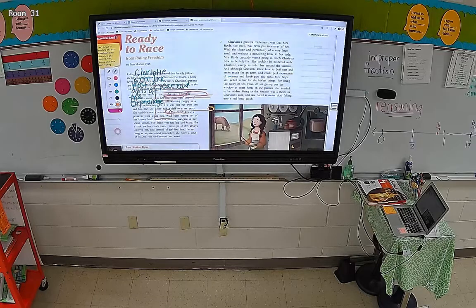And although Charlotte knew how to boil oats and make mush for an army and could peel mountains of potatoes and scrub pots and pans, Mrs. Boyle still yelled at her for the littlest things, for being too noisy or too quiet, or for gazing out the window at some horse in the pasture that needed to be ridden.